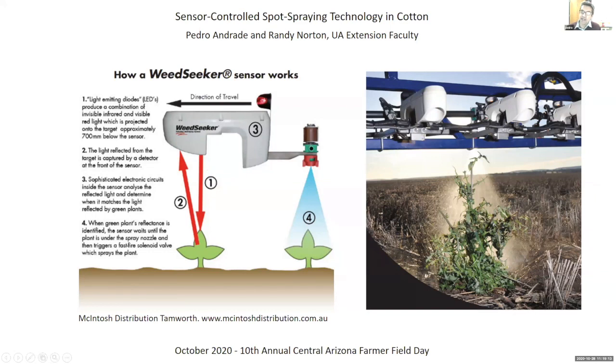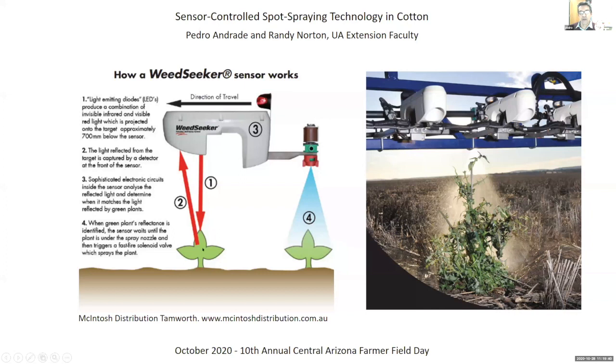It is emitting light. And that light is bouncing back from the plant because a portion of that light is being absorbed. So the sensor looks at how much light is shining through and how much is returning. And that difference is how they can compute that there is indeed a weed.